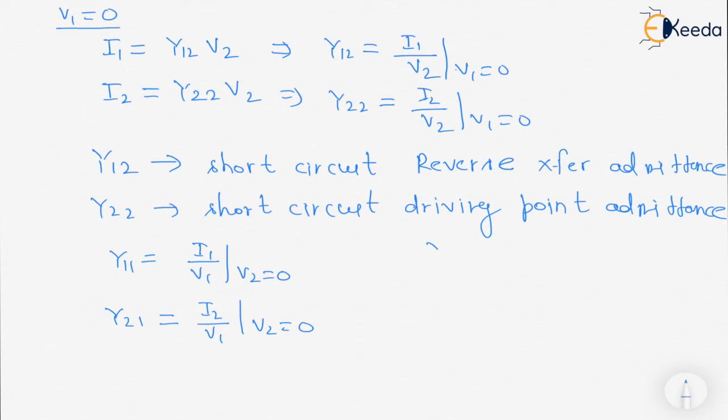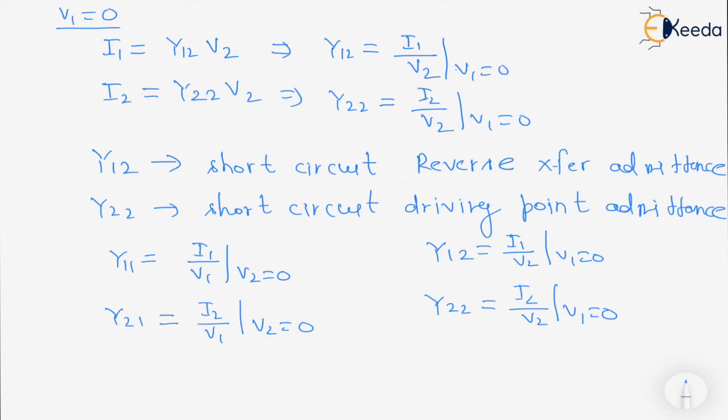In the same way, y12 is equal to I1 upon V2 when V1 is equal to 0, and y22 is equal to I2 upon V2 when V1 is equal to 0. So this is how we can calculate y11, y12, y21, y22 for any circuit.